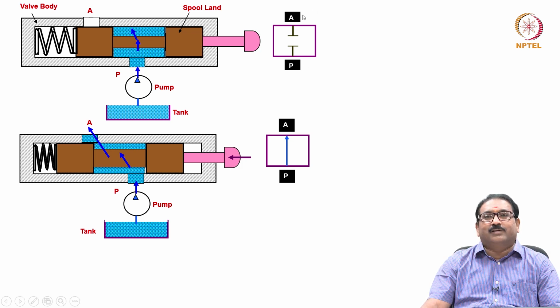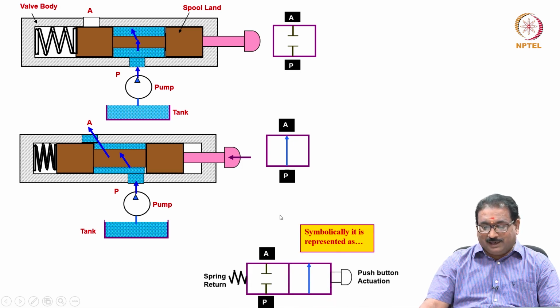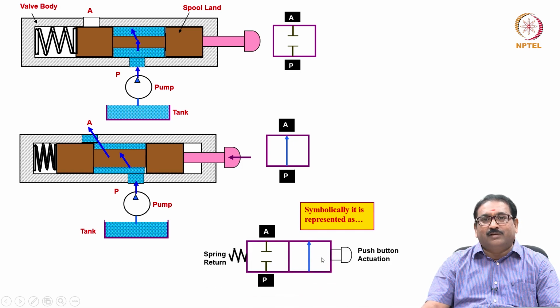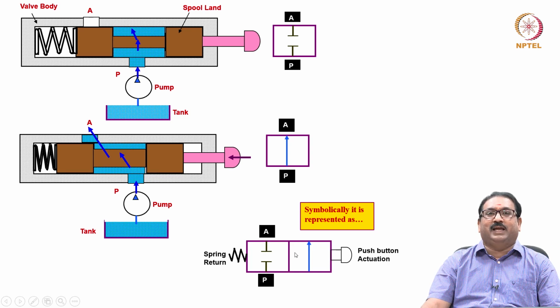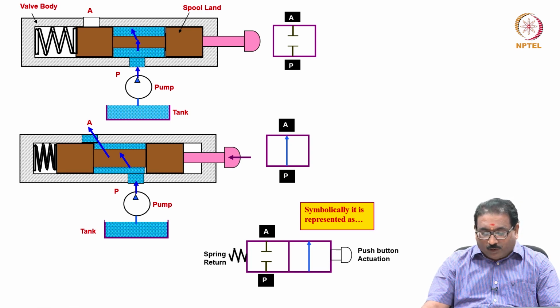Altogether, the null position and the activated position are represented using one square box and another square box. Please be careful, friends, about where to write the port letters A and P. You will see, always at the spring side, which is the null position or center position. Here the spring is there, A and P are blocked.